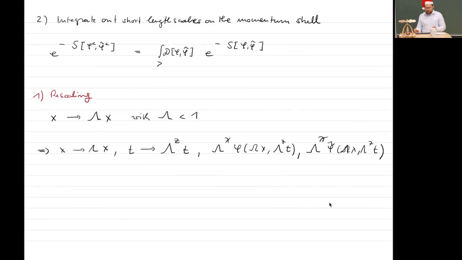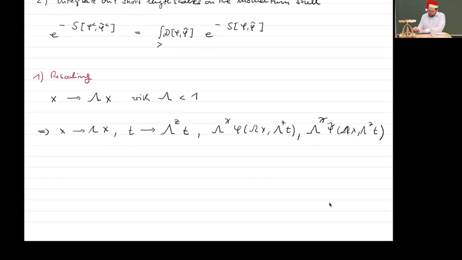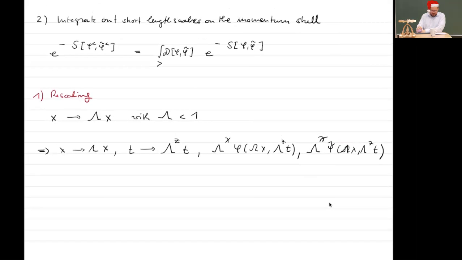So we don't know what chi is. Now we don't know what z is. But if we rescale the lengths, we have to rescale the other things as well. And phi and phi tilde have the same scaling because if we replace one by the other and we switch time in the action, then we get the same action back. So these phi and phi tilde fields are the same thing if we transform the action accordingly.